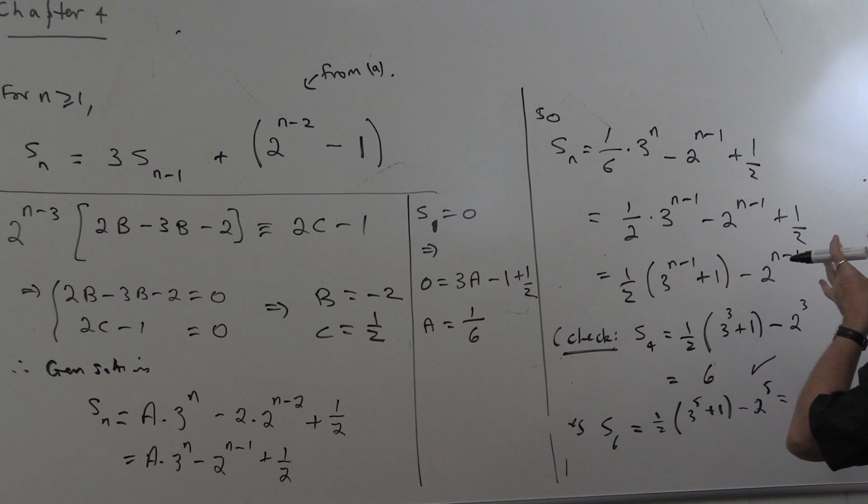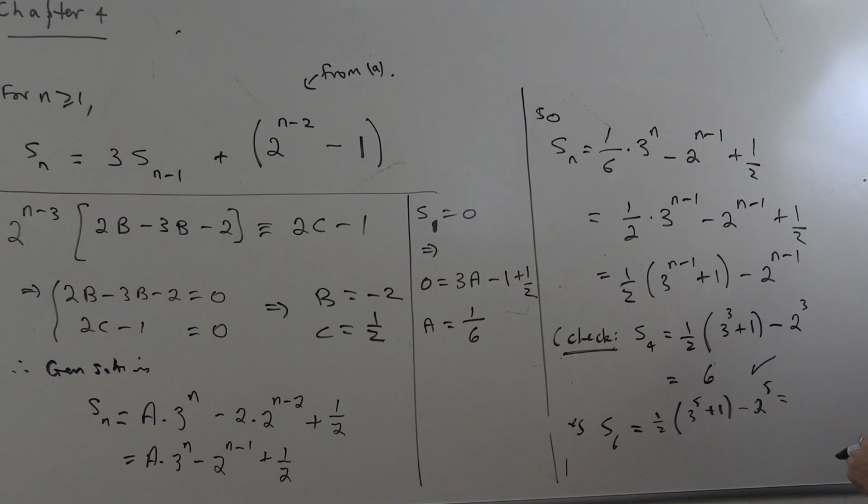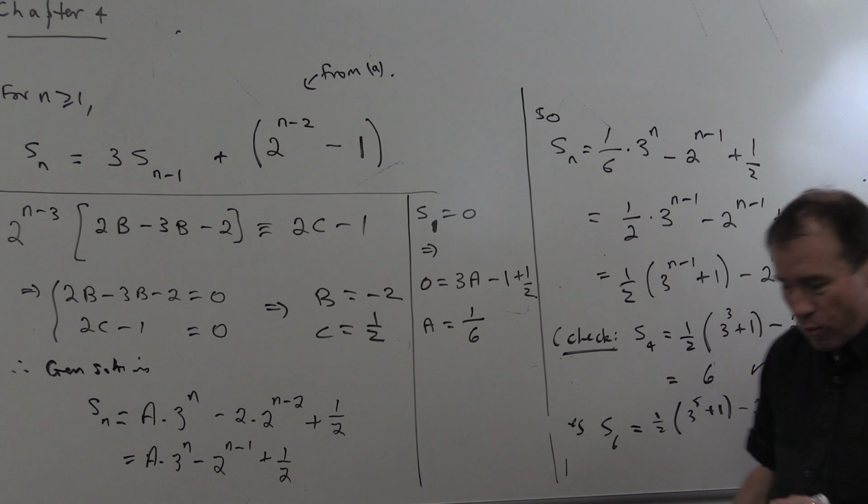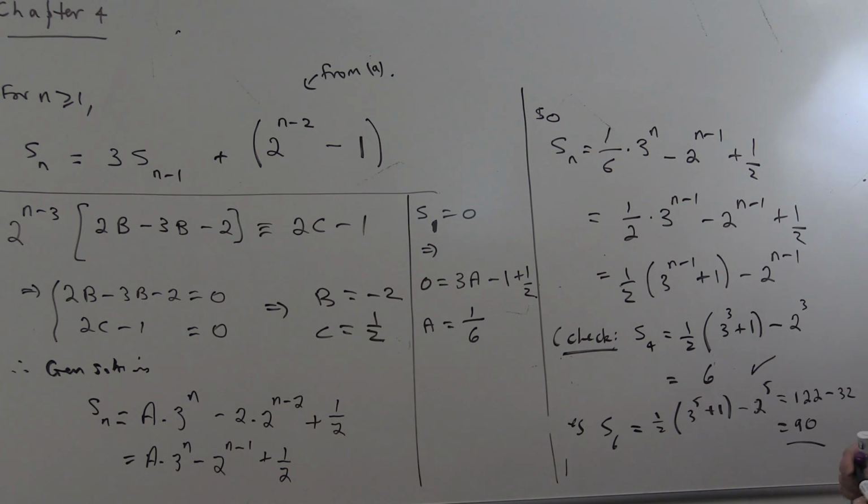So let's see, 3 to the 4th is 81, so that's 243, that's 244, that's 122, minus 2 to the 5th is 32, and that gives me 90. And so there'd be 90 ways, in fact, of splitting up the numbers from 1 to 6 into 3 disjoint non-empty sets.